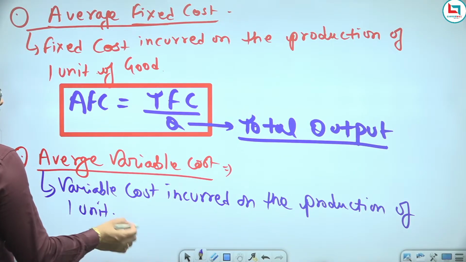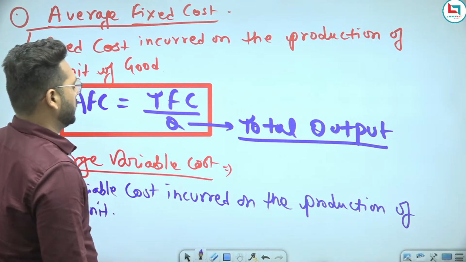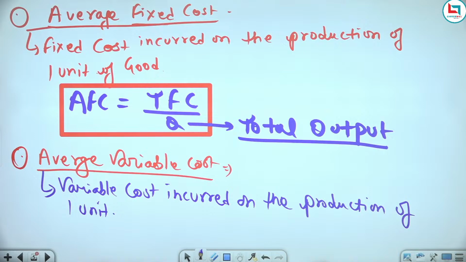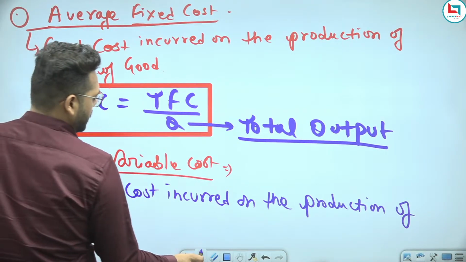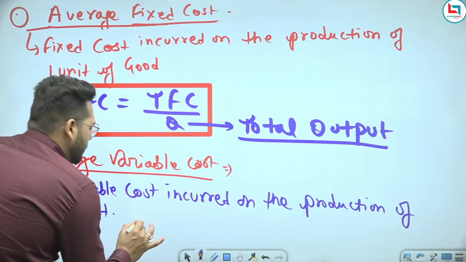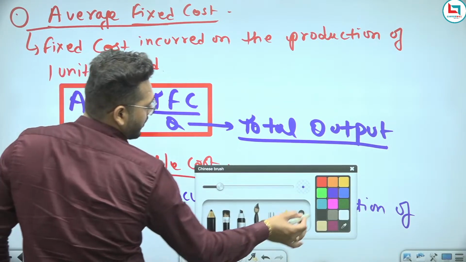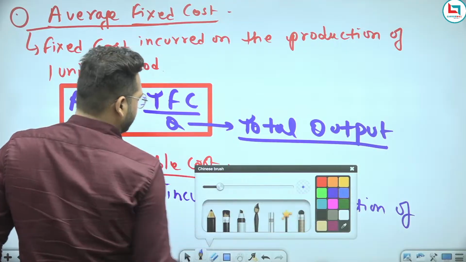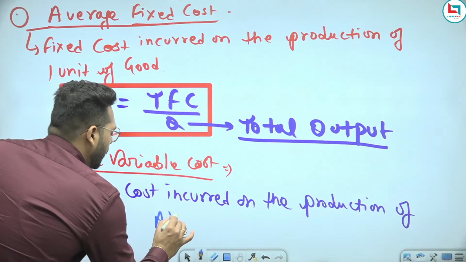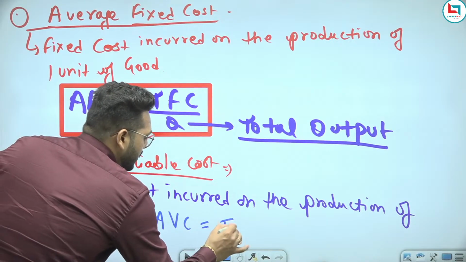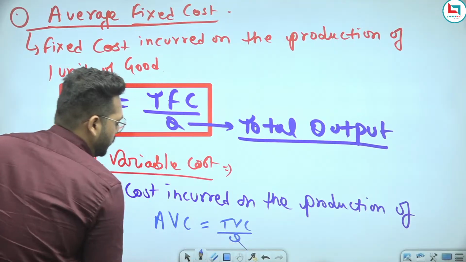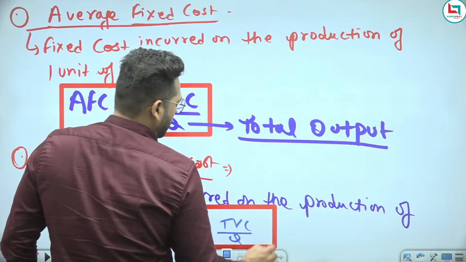So this is what is called average variable cost, and you can write the formula of this average variable cost: AVC is TVC upon Q.